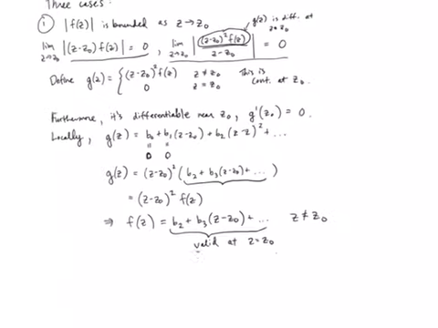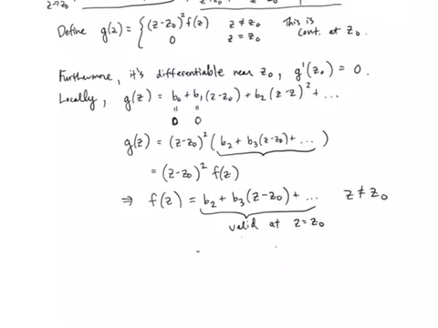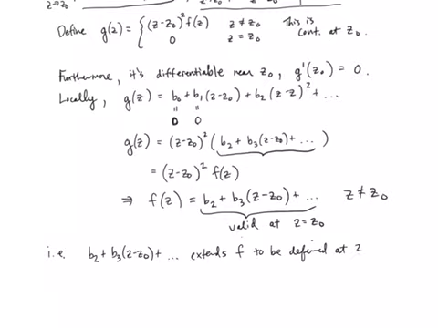So in other words, this b2 plus b3 times z minus z naught plus dot dot dot extends f to be defined at z naught.